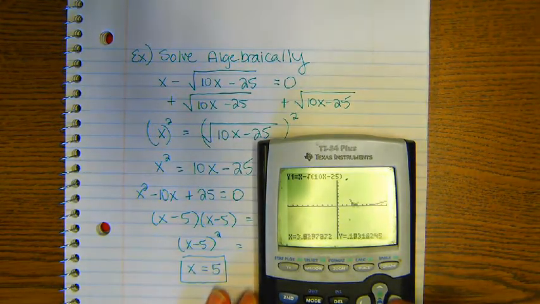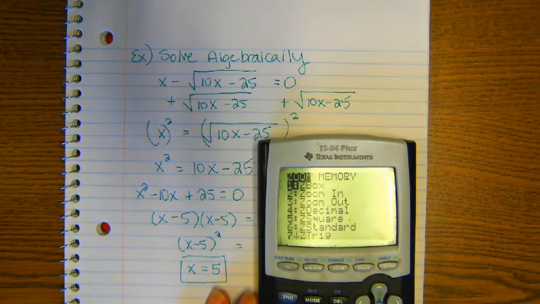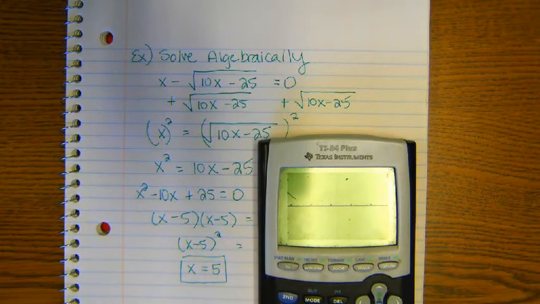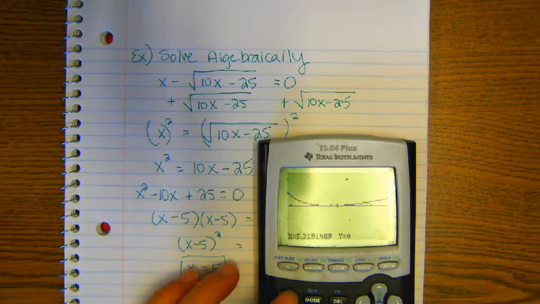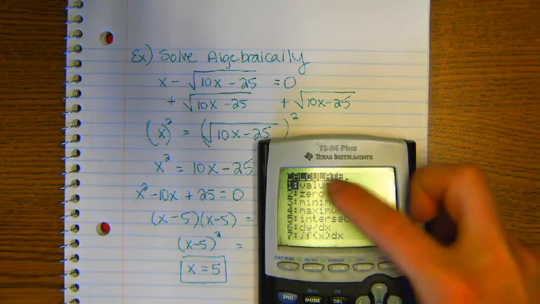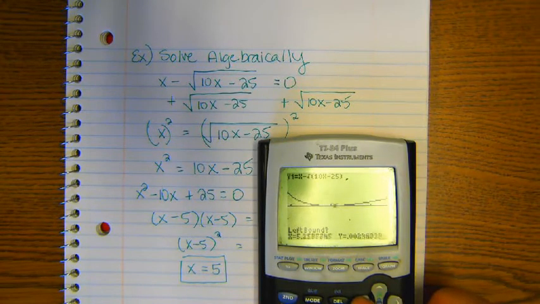So, anyhow, you can see if I would zoom in a little bit here. And then if I found the 0, number 2.